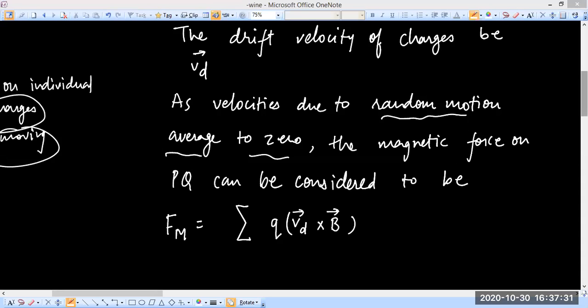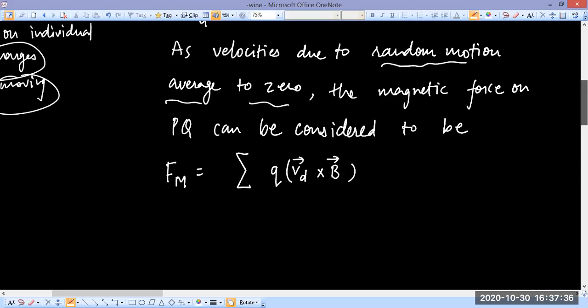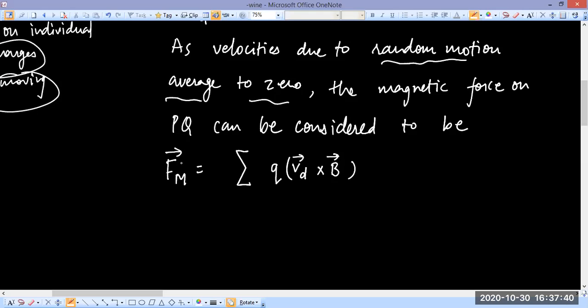But see, because all have overall the same drift velocity, in a vector, overall they have the same drift velocity. બધા charge carriers ની same જ હોય, average કરો તો, બરાબર, over a time.